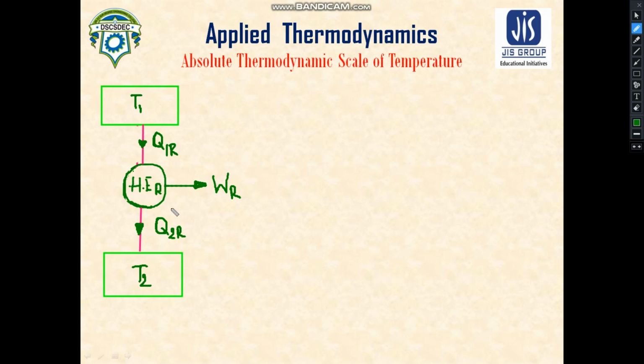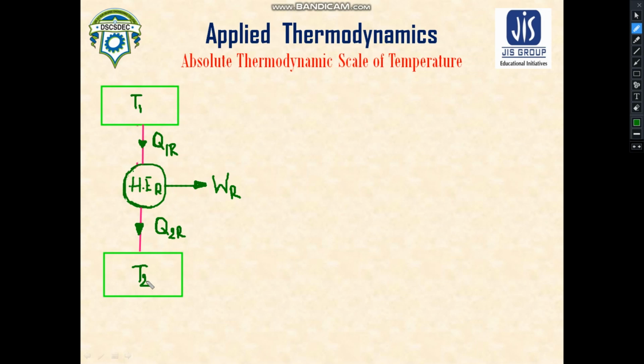If you try to understand this statement in a different way, you can say if the temperatures are fixed, then any reversible engine will give you the maximum efficiency. So can we say that the efficiency of a reversible engine is a function of the temperatures? That means the temperature of heat addition, this is the temperature of heat addition, and this is the temperature of heat rejection.